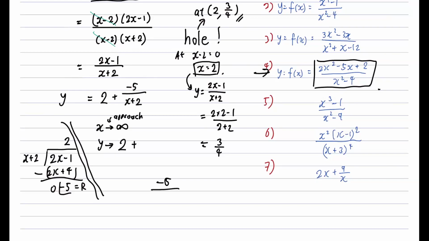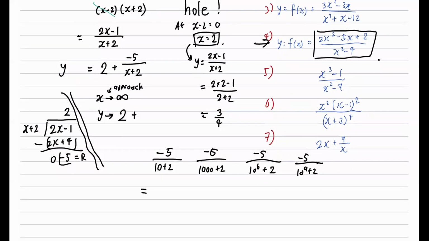We try out -5 over 10 plus 2. Let's just increase it straight away to -5 over 1,000 plus 2. And you increase it to 1 million, power 6, plus 2. Then increase it to 1 billion, power 9, plus 2. What happens? Look at the values. You're minusing a really small number. So essentially it's getting closer towards 0.